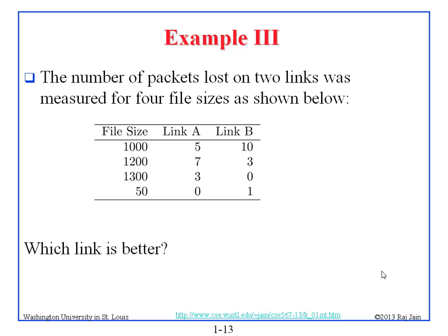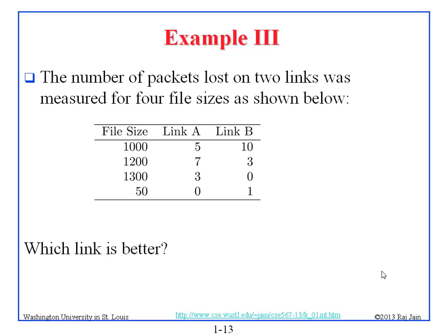So we sent 1000 packets, and on link A, 5 were dropped or lost. On link B, 10 were lost. All right, that is our first workload. Second workload, a 1200 packet file was sent, and 7 were lost on link A and 3 were lost on link B, and so on and so forth.